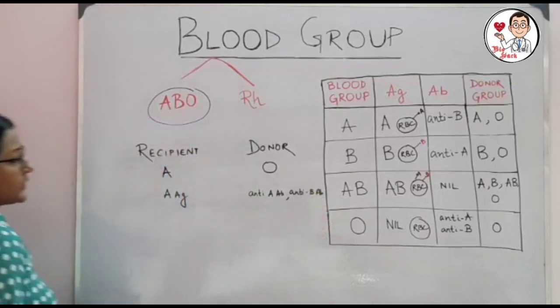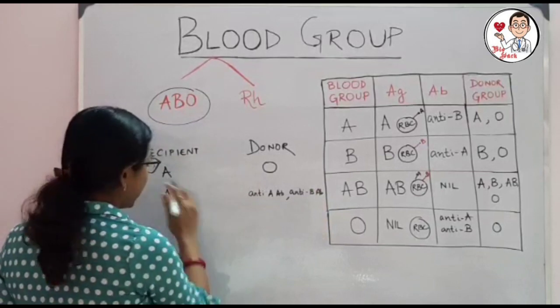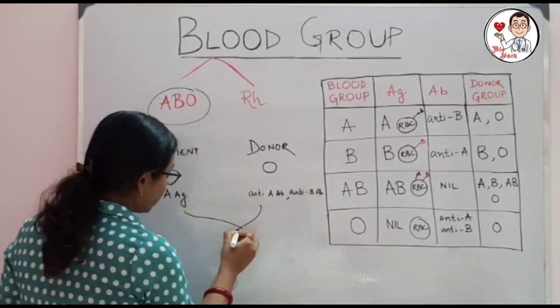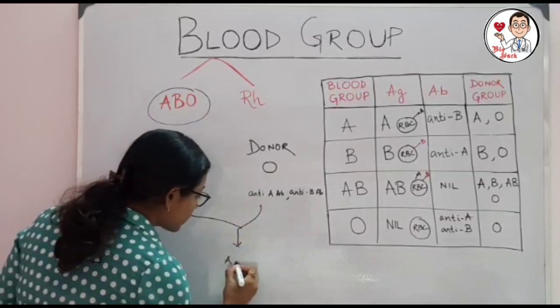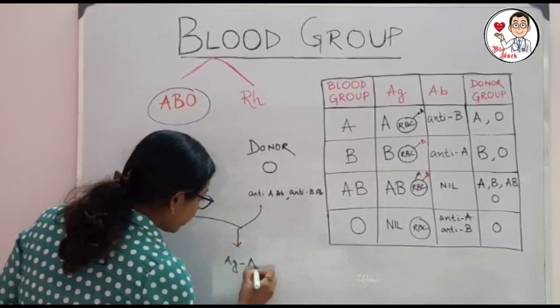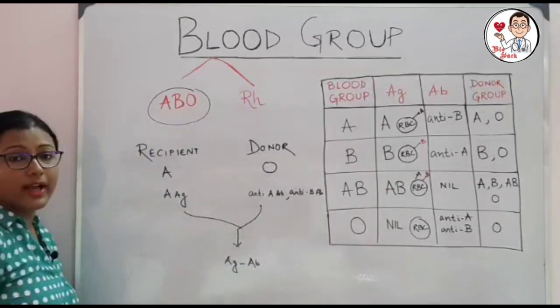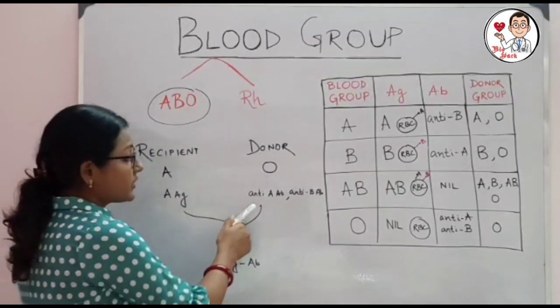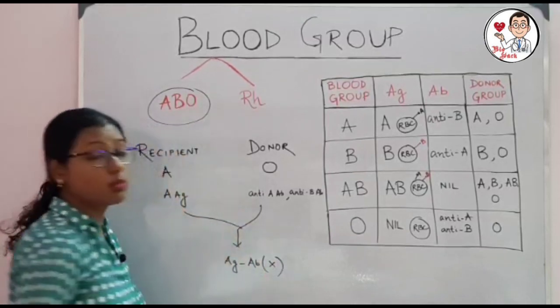Now what happens? If the donor O gives the blood to recipient A, then here antigen antibody reaction should occur. According to this, antigen antibody reaction should occur, but this does not occur. Why?